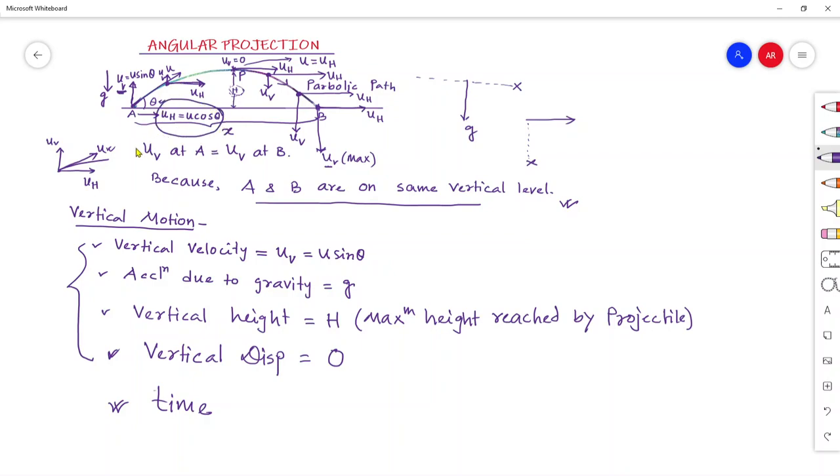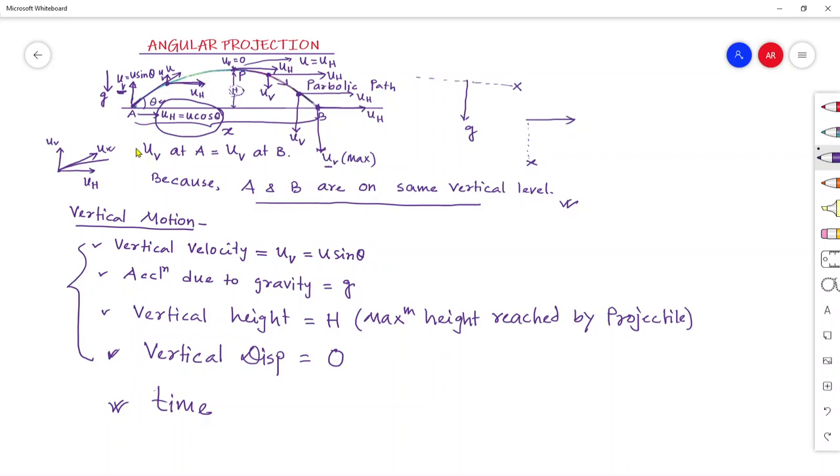So this horizontal velocity is responsible for the object to have a horizontal motion. So here we are considering this angular projection to be so important because the object simultaneously has two-dimensional motion. It has vertical motion and horizontal motion parallelly.